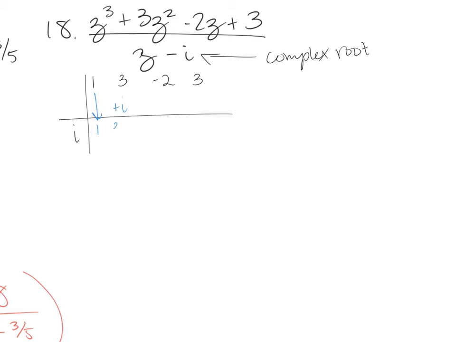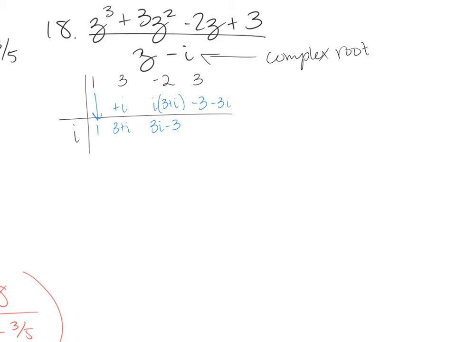3 plus i is just 3 plus i, right? 3 plus i times i. Okay, that's going to be 3i minus 1 because it's i squared, right? So that's going to be 3i minus 3. And then 3i minus 3 times i is going to be -3 minus 3i.